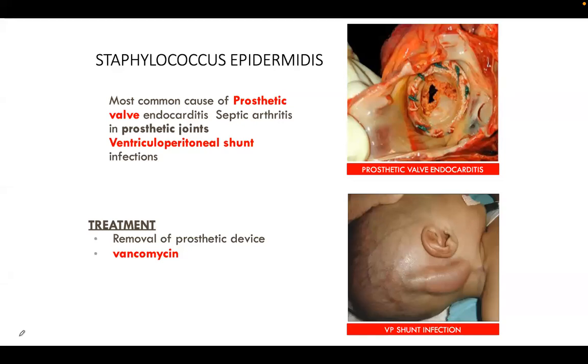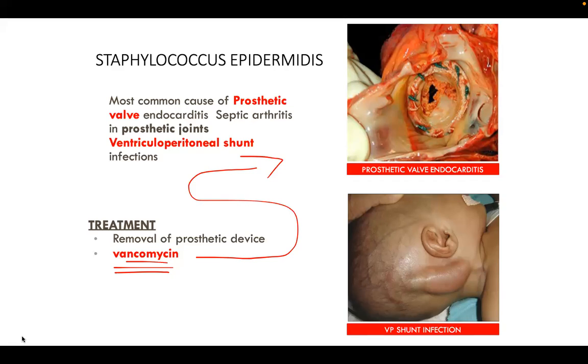Treatment, of course, is the removal of a prosthetic device and giving of vancomycin. Now, what famous side effect of vancomycin should you anticipate? Okay, very good. That is red man syndrome.